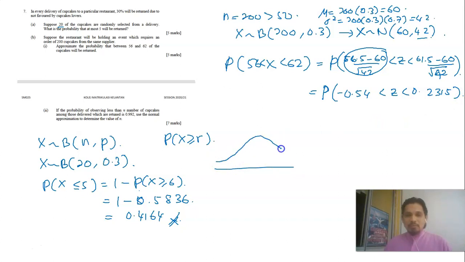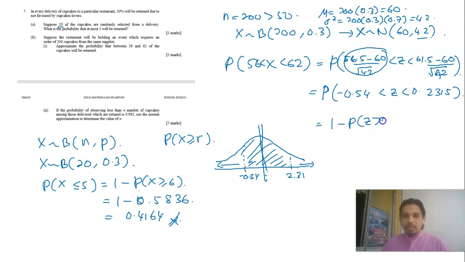So now for the normal distribution, this is the middle line here, where we have negative 0.54 and 2.31. So this is a probability. We are going to find out from here and here: it is 1 minus the probability of Z greater than 0.54, minus the probability of Z greater than 2.31.